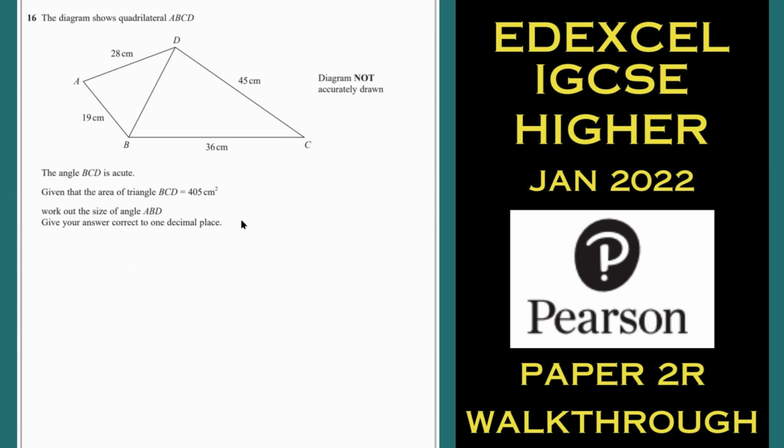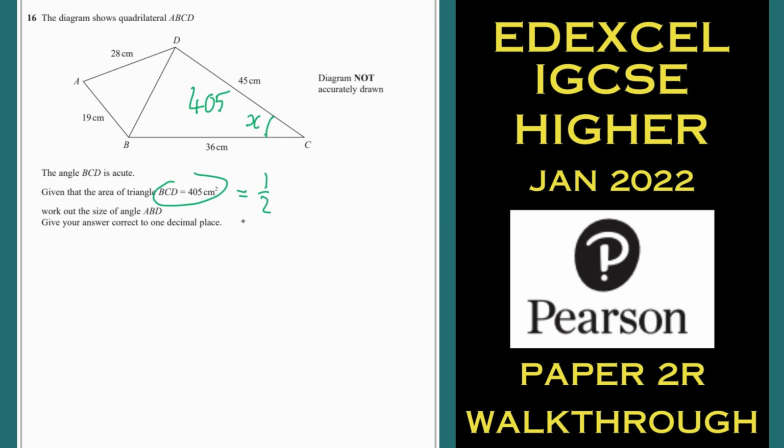You're going to need 2 skills. Slightly backward though, in that you don't know enough about this triangle, so you need to work it backwards to find that. You've got a formula, half AB sine C equals the area.